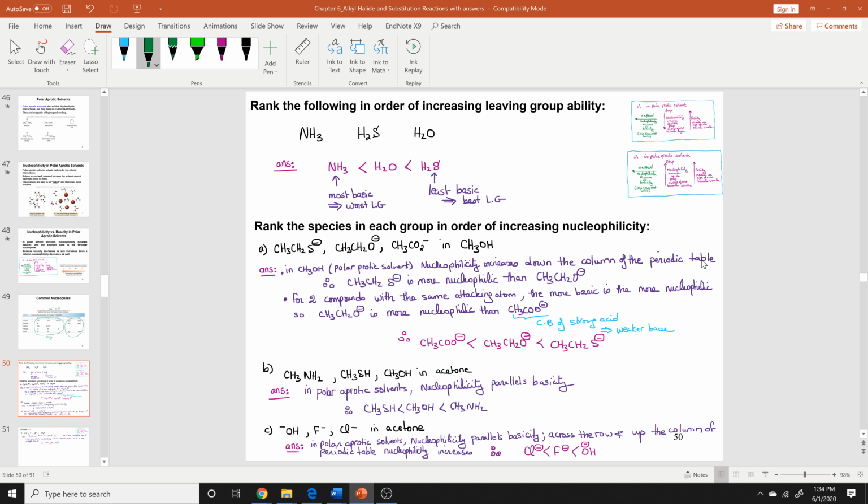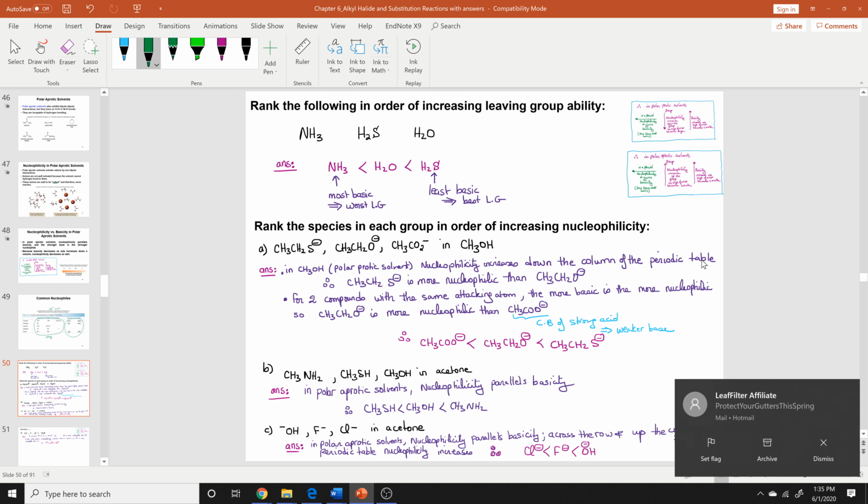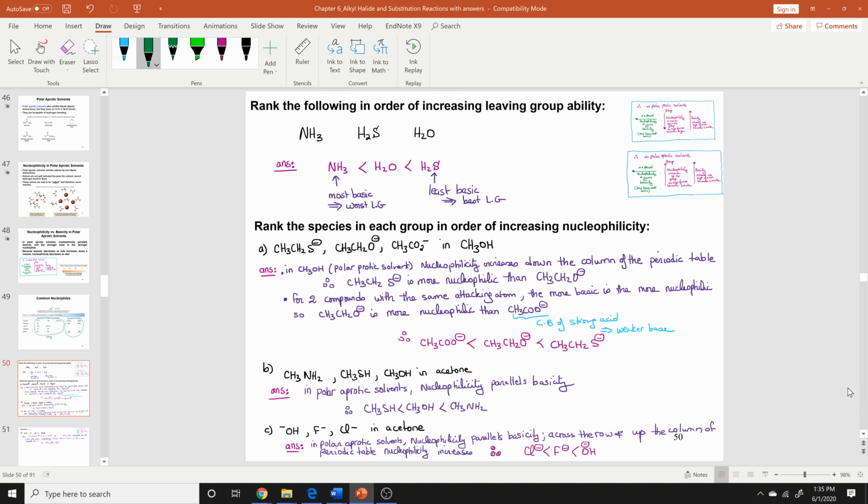Rank these species in order of increasing nucleophilicity, and this is how the question can be. I can give you a series of nucleophiles in a solvent and ask you to rank them in terms of increasing nucleophilicity based on their interaction with the solvent. So you have to check that solvent. What type of solvent is it?